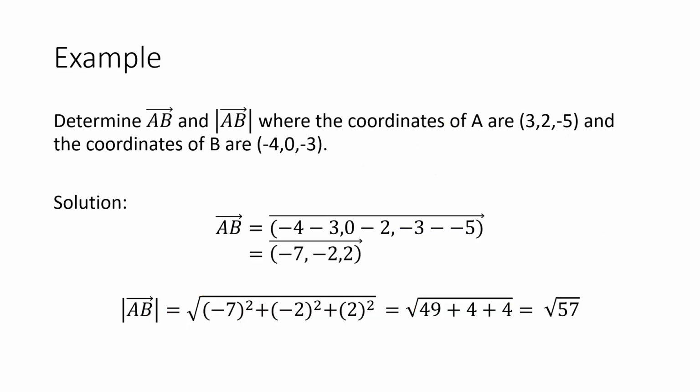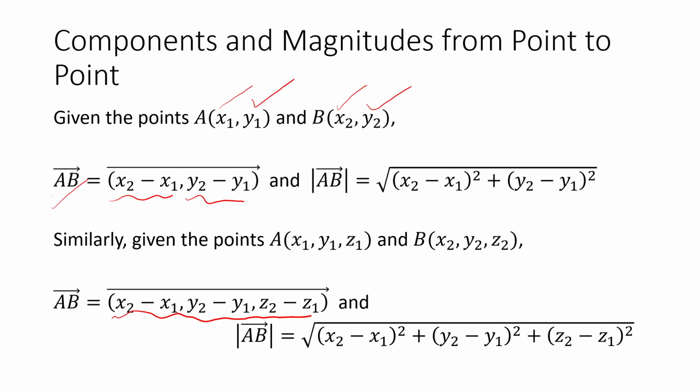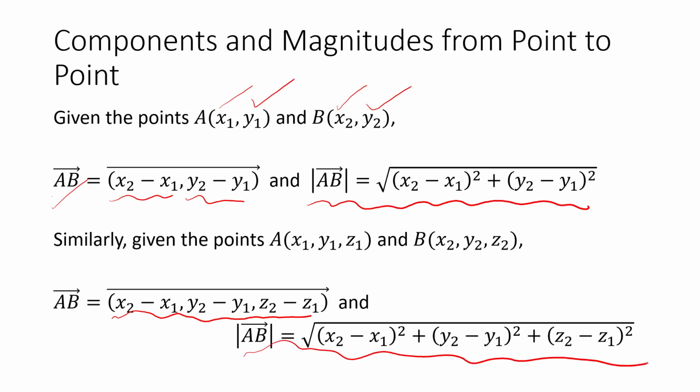Okay, so moving backwards, that's what we get. The magnitude of AB is actually equal to the square root of x2 minus x1 quantity squared plus y2 minus y1 quantity squared. And in 3 dimensions, the same process works. It's the sum of the squares of all 3 components, square rooted.